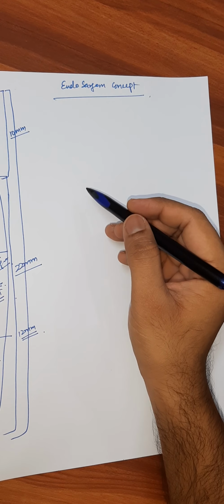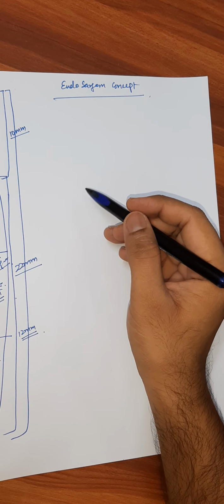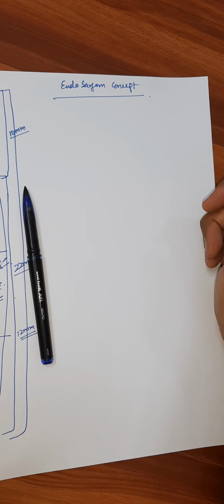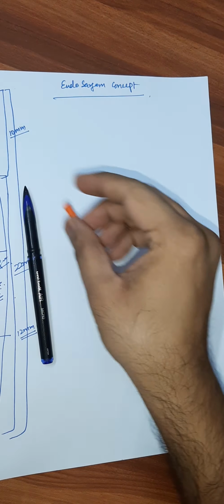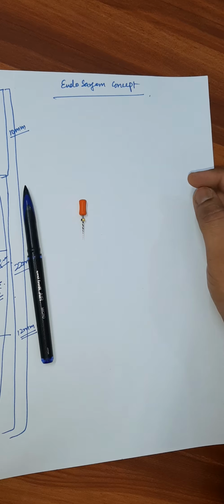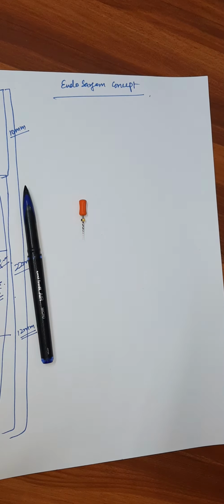So in this concept, I would tell you what all files I am using. I have already told you that this is an orifice enlarger. This is called SX file, or optional in certain cases.